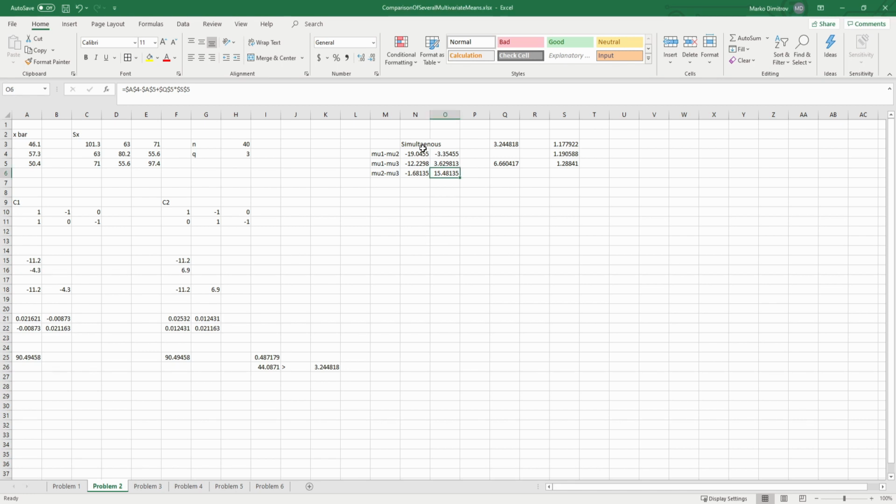Using this, we can conclude that 0 does not belong to this simultaneous interval. So in the end, we conclude the same as we did here. We should reject the null hypothesis.